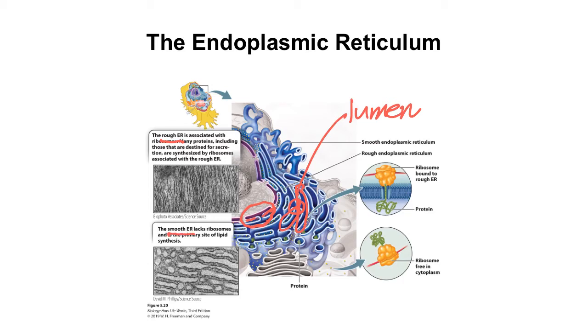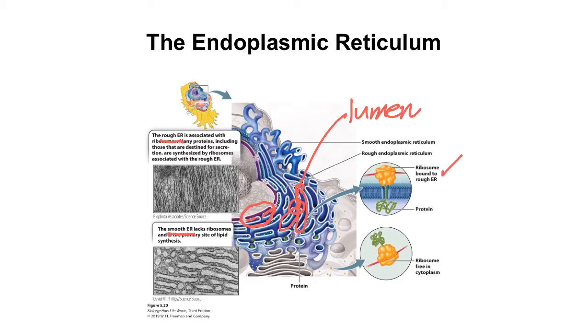the smooth ER. The rough ER is associated with the ribosomes as magnified here. So the ribosomes are bound to the rough ER. The reason it's called rough ER is that if you look under a high magnification electron microscope, you will see that the membrane is studded with granular objects, which are actually ribosomes.